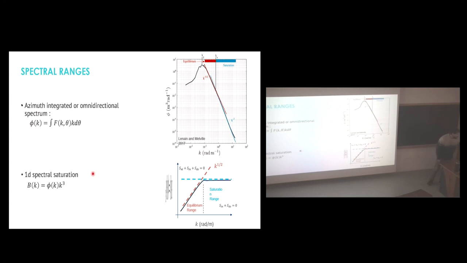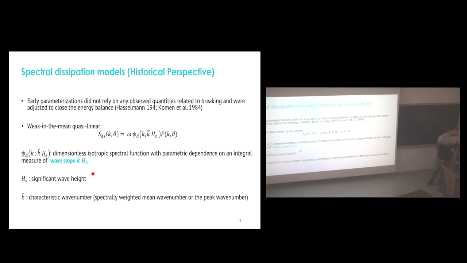So let's start with some historical context. One of the earliest parameterizations was introduced by Hasselmann and used by the WAM group. It was quasi-linear with a non-dimensional dissipation factor that is spectral, it's isotropic, and it has some parametric dependence on wave steepness based on integrated parameters, mean wave period, mean wave number, and significant wave height.